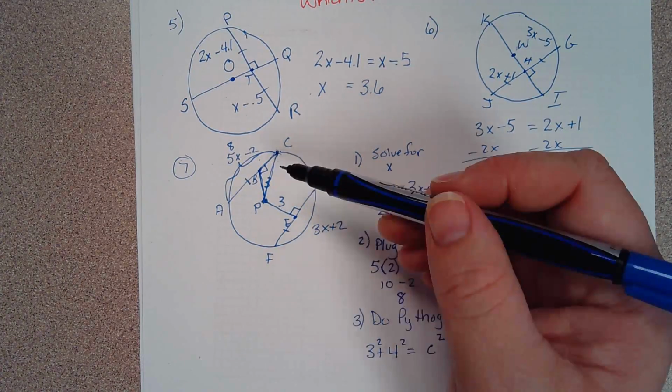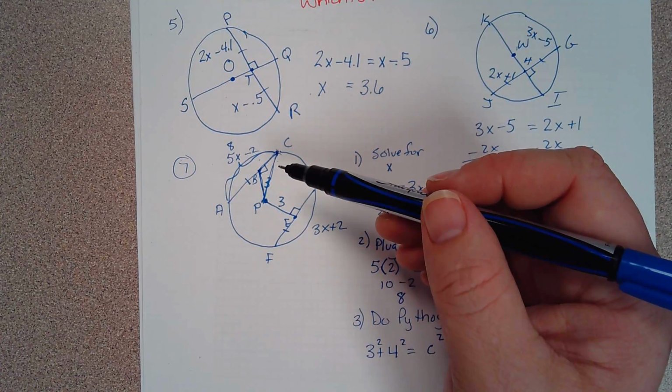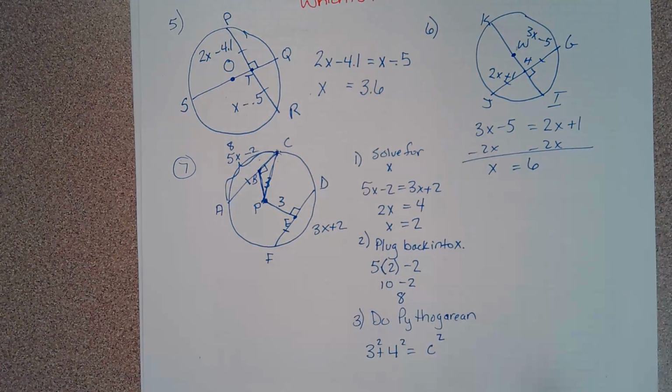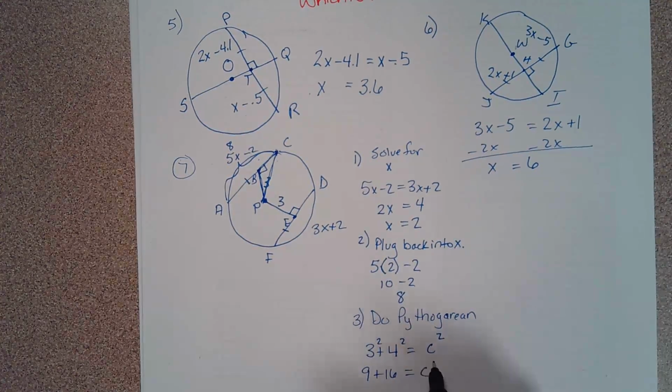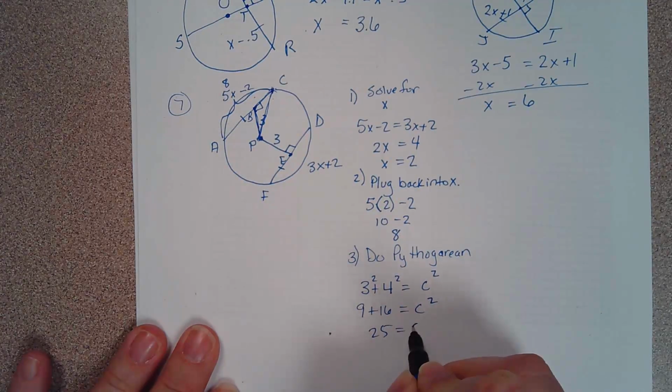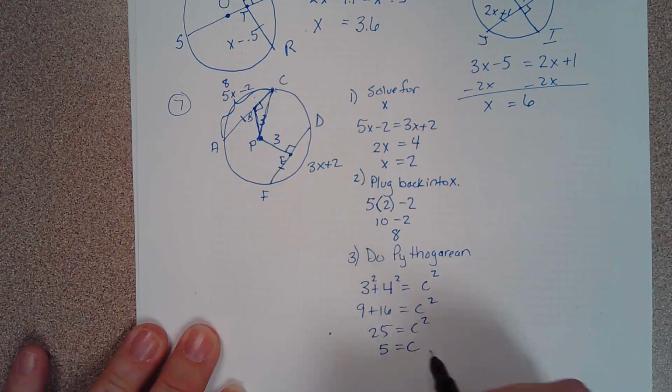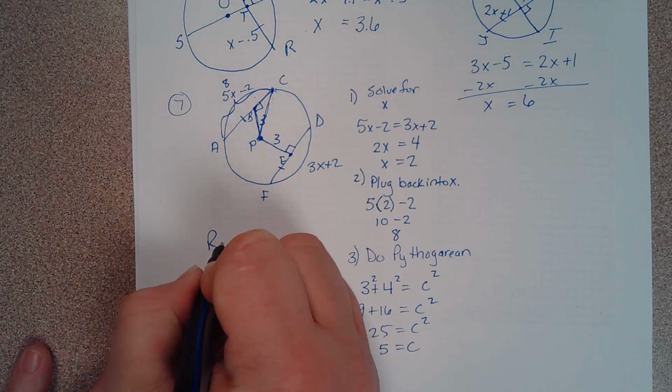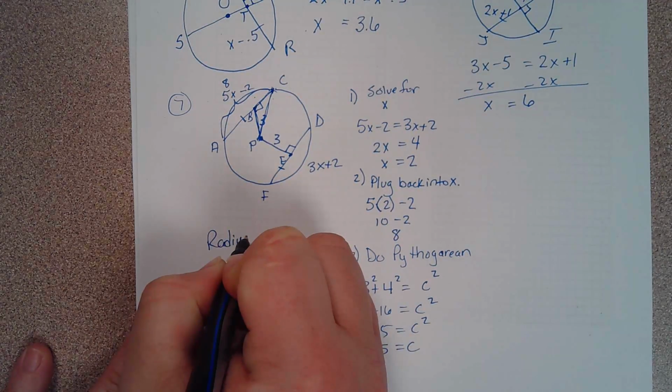So that hypotenuse in this triangle is going to create my radius. That's why we're doing the Pythagorean theorem. So I have 9 plus 16 equals c squared. So I'm going to have 25 equals c squared, or 5 equals c. So 5 is the answer for the radius. So radius equals 5.